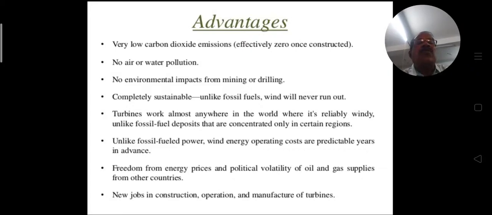And unlike fossil fuel power, wind energy operating costs are predictable years in advance and very low, freedom from energy prices and political volatility of oil and gas suppliers from other countries.